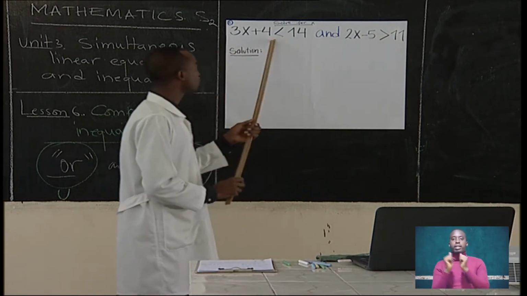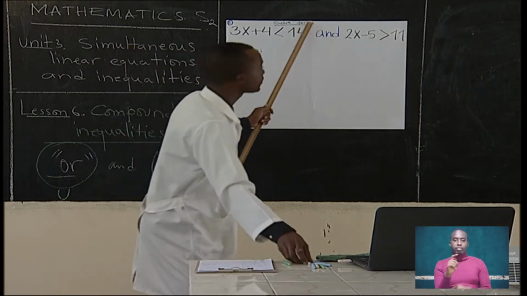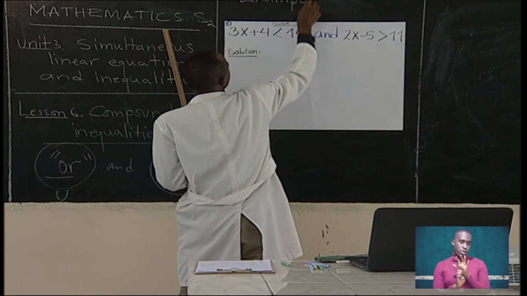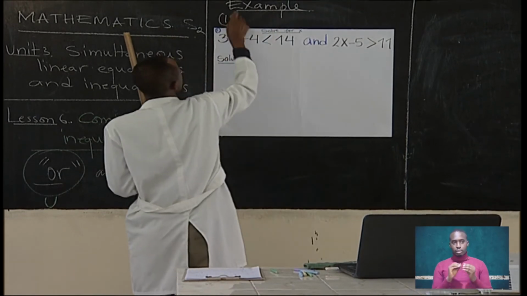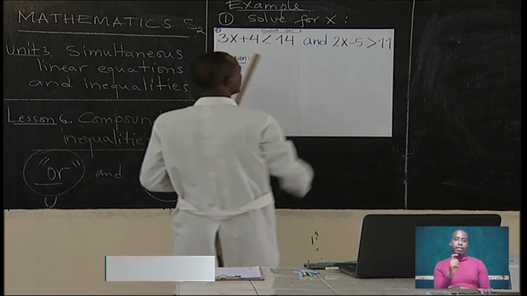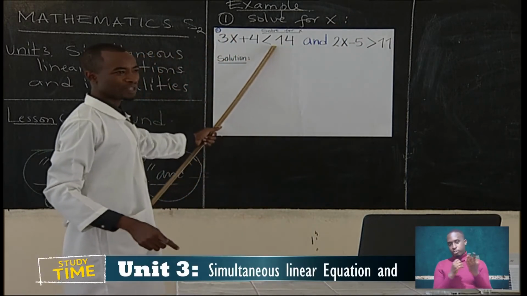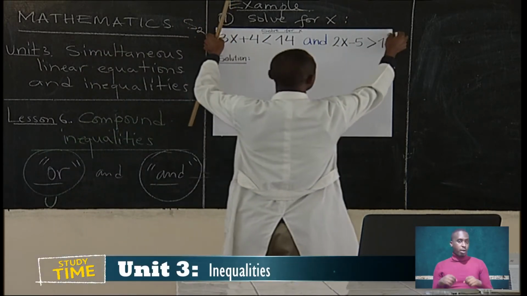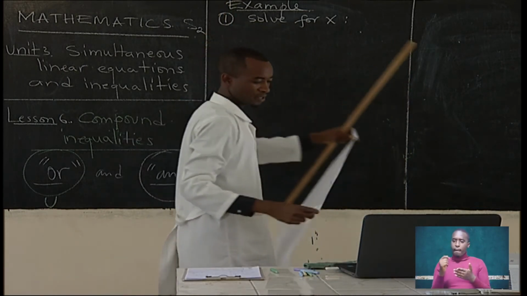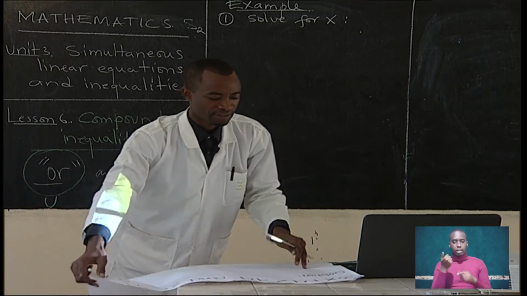So we are going to solve for x, as you can see. We have examples. Example number 1, solve for x. The question is this one. I can even remove this so that we use a piece of chalk, not marker. It would be very good if we use this.